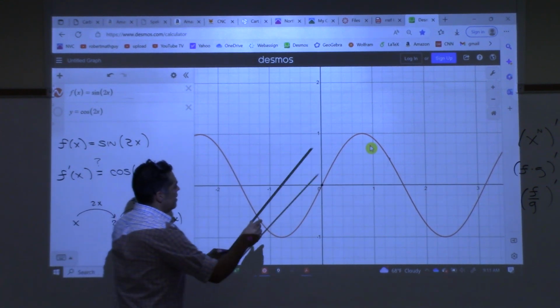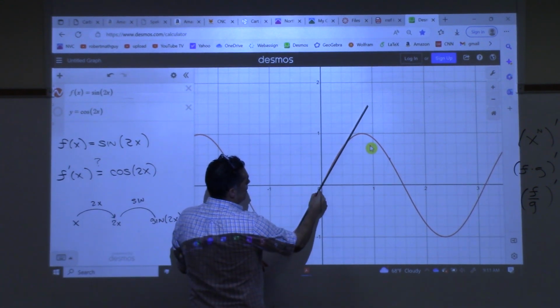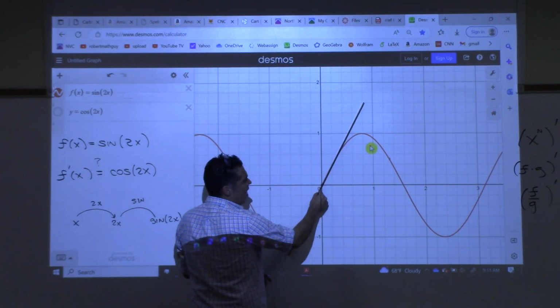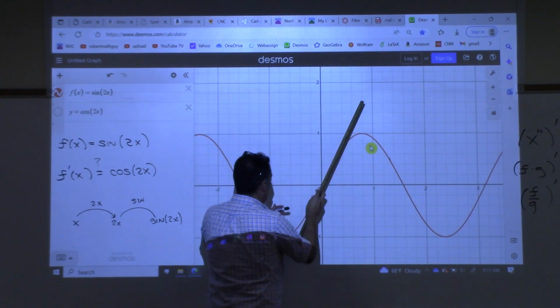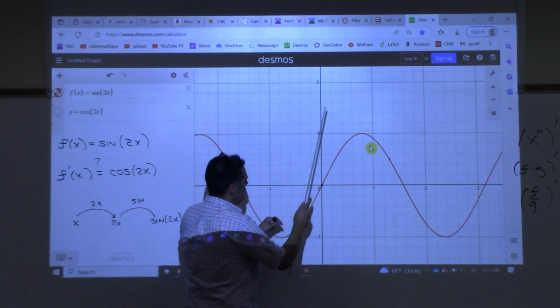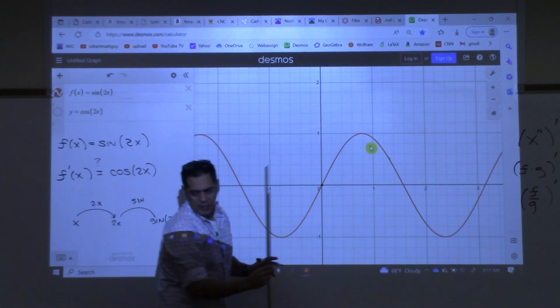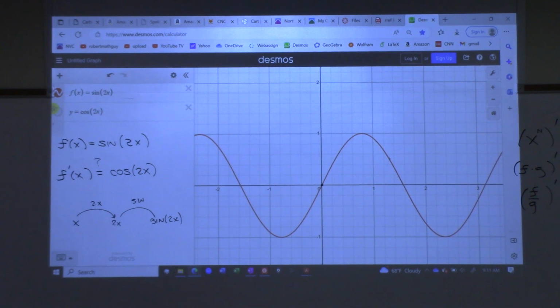And would you all agree that it looks like it's approximately something like that? If I were to extend this line, actually, let me cheat a little bit. I'll do it this way. There. Do you all agree that that's a tangent line?